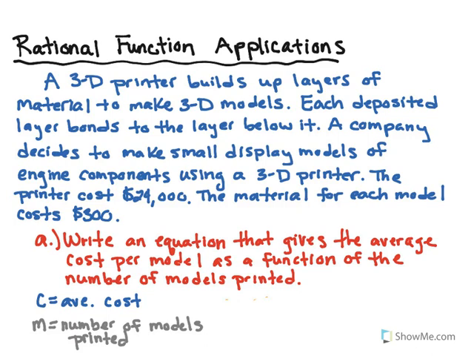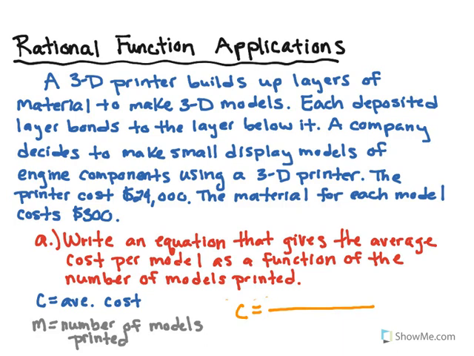So the first thing that I'm going to do is build this as C equals, because all of this, when we're done, should give us the average cost. So there's my fraction bar, and there is a way to denote the total cost for each model that I make.